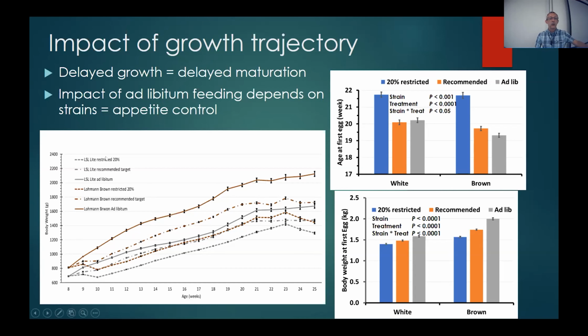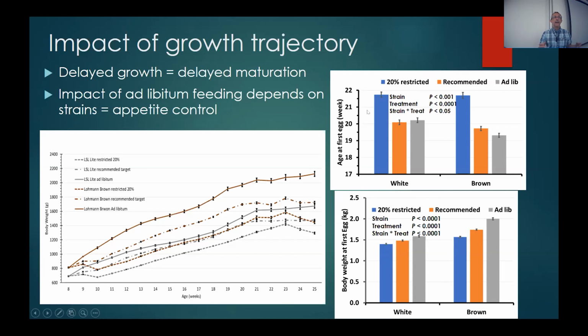And we tested that in 2 strains of layers, the LSL Lites, so the white birds, and the Lohmann Brown. And what we noticed here, this was quite interesting. First of all, for both the whites and the browns, when we restricted those birds, we delayed the age at first egg significantly.